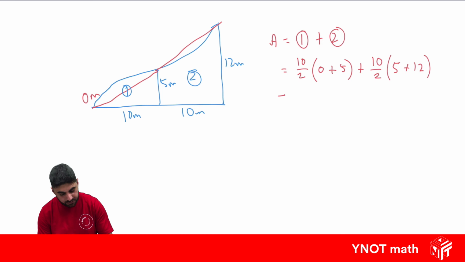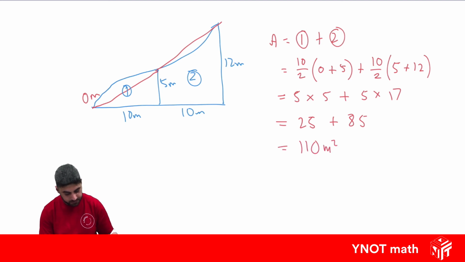So we're going to get 5 times 0 plus 5 is 5, plus 10 divided by 2 is 5 times 5 plus 12 is 17. So we're going to get 25 plus 85. So we're going to get 110 meters squared.